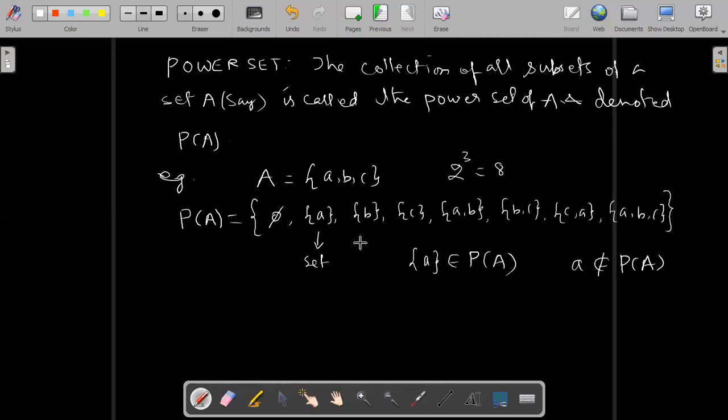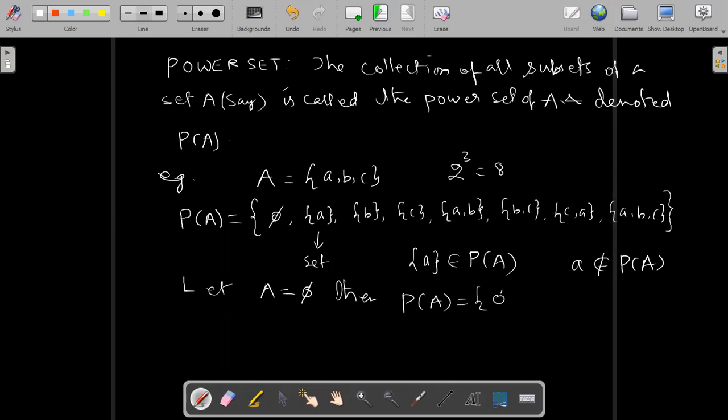Okay. And if A is an empty set, what will happen? If A is an empty set, what will be its power set? Then its power set will have one element, that is the empty set.